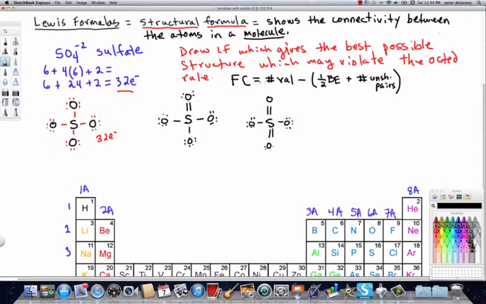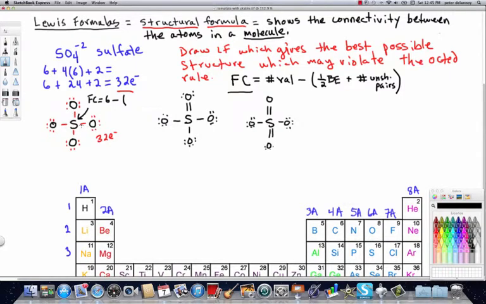But what I want to do is start applying this idea of formal charge, and we'll start with this molecule over here. So if we calculate the formal charge on the sulfur in the original sulfate that I drew, the FC is going to equal the total number of valence electrons on sulfur, which is 6. We already figured that out. That's minus 1/2 the bonding electrons. So we go around and count the total bonding electrons: 2, 4, 6, 8 of them.